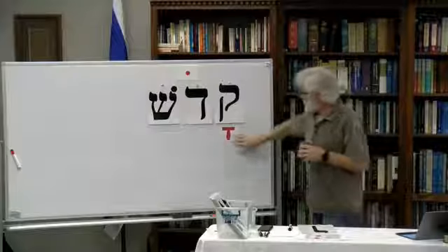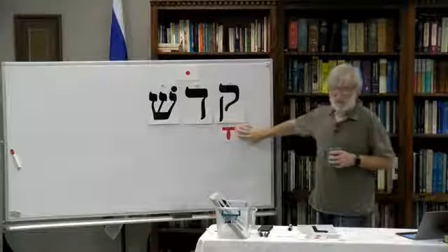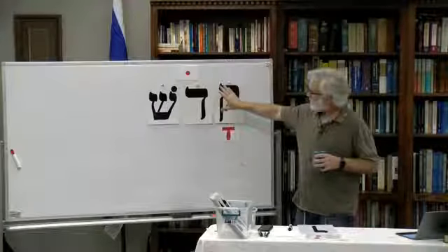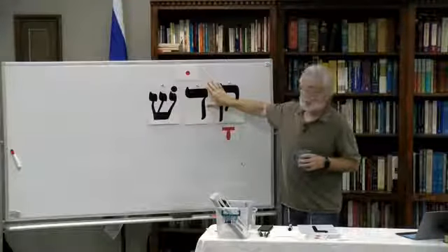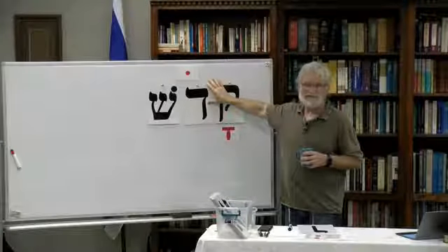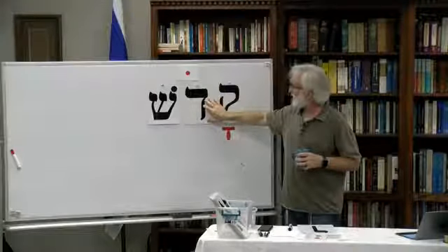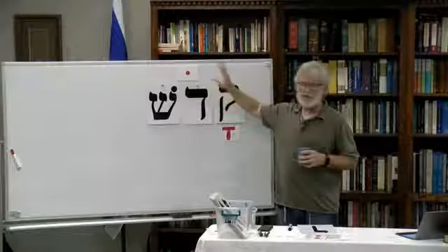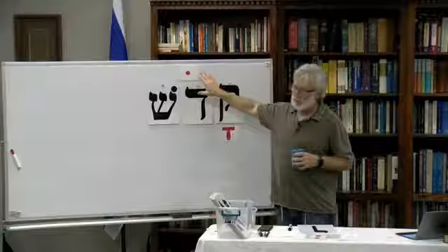So we know that this makes what sound? An ah sound. So we have ka. This is the equivalent of the English approximation of the letter D, the D sound. This is the dalet. And this will give it the O sound because we're talking about a holum, okay?